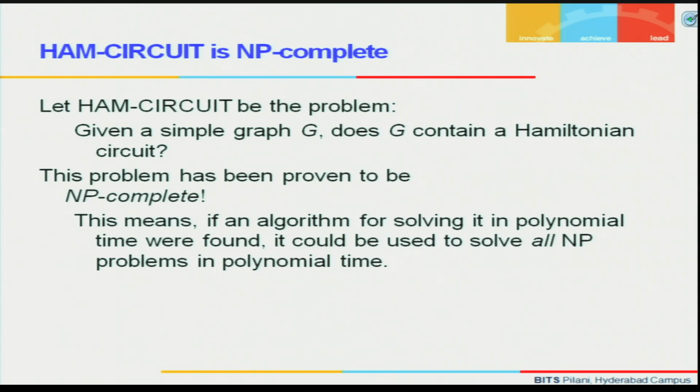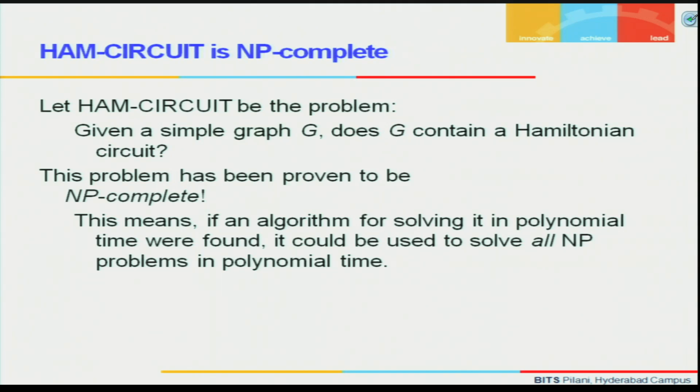And this Hamiltonian circuit problem is one among such 30-40 problems. That means if Hamiltonian circuit problem is solved in polynomial time, there are lots of other open problems which have been found difficult all these years that can be solved in polynomial time. They are reducible. Most of the problems are reducible to this Hamiltonian circuit problem.